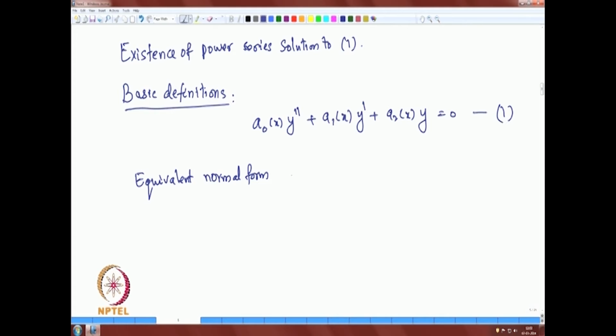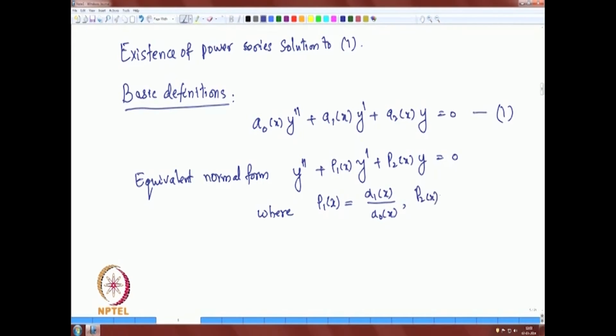The equivalent normal form is y double prime plus p1x y prime plus p2x y is equal to 0, where we divide throughout by a0, so p1x is equal to a1x by a0x and p2x is a2x by a0x.